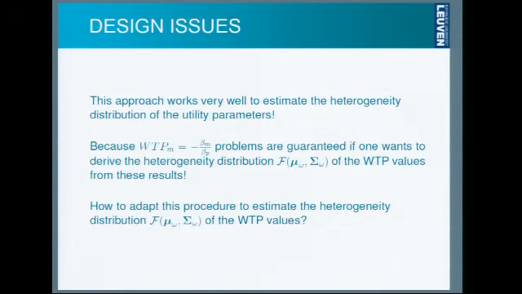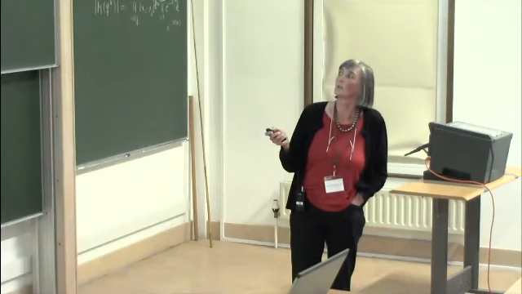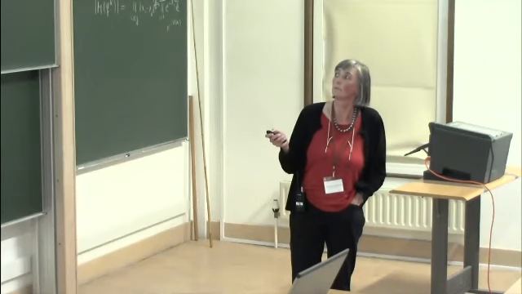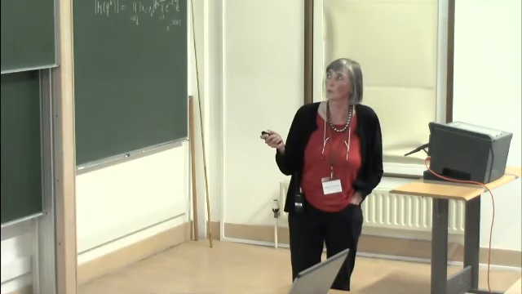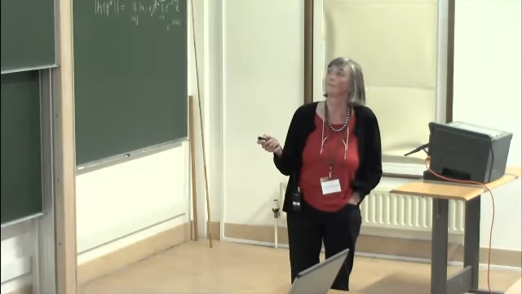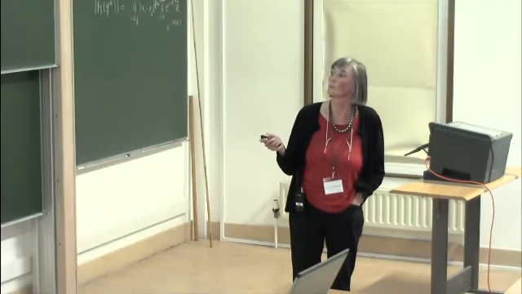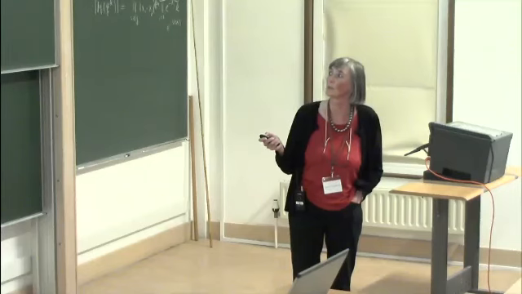They keep beta p fixed, for instance, and have only random coefficients for the other coefficients. Or they use distributions that stay away from 0. But even then you get a lot of problems with this distribution. So although this is a very good way to get distributions for utility parameters, beta, you still get problems to find the distribution function for the willingness to pay parameters.